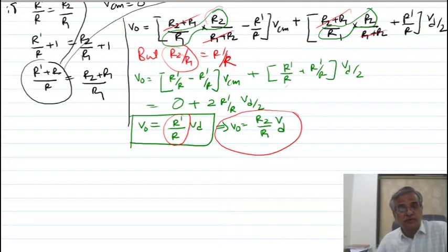Ideal op-amp always responds equally to DC and AC voltages, but in practice it does not behave in this way. You are getting some output voltage. DC output voltage is obtained at the op amp even though both the inputs are grounded, and the AC behavior depends upon the frequency of operation.